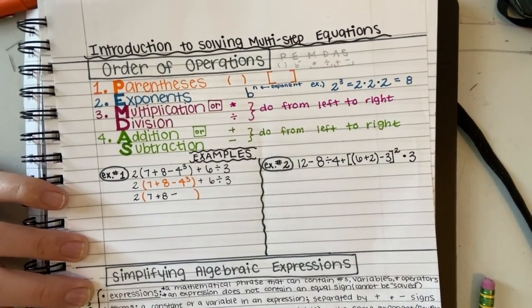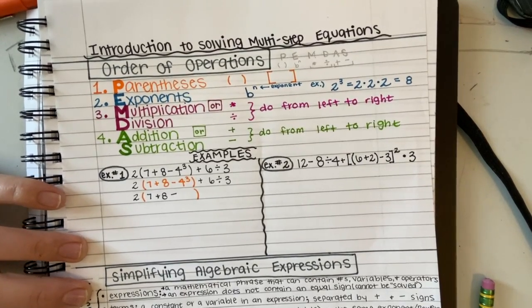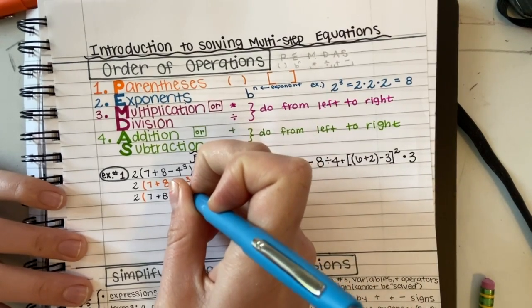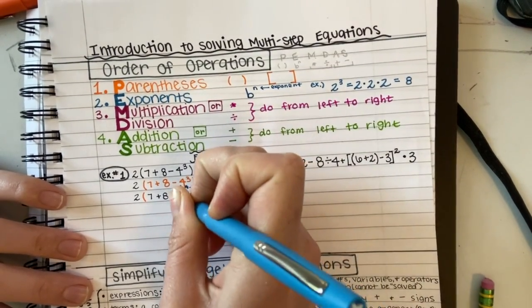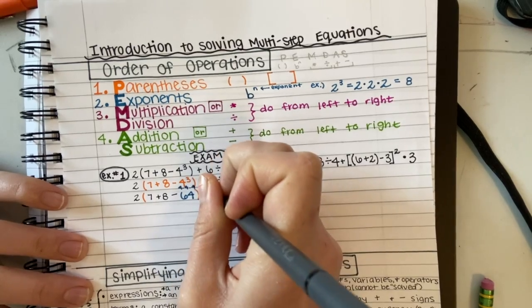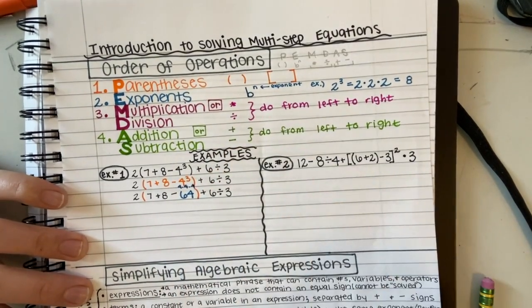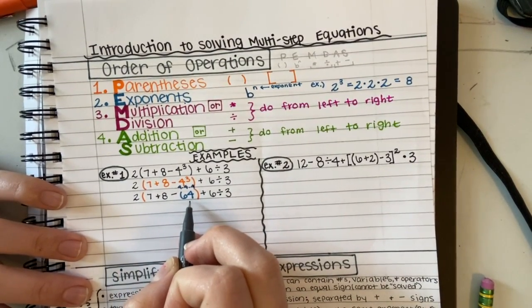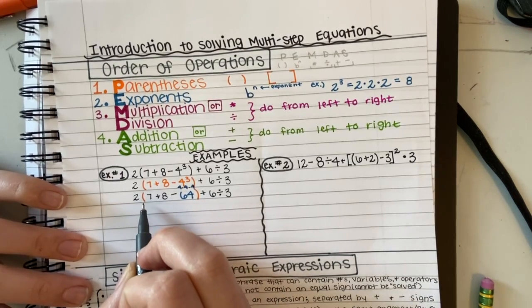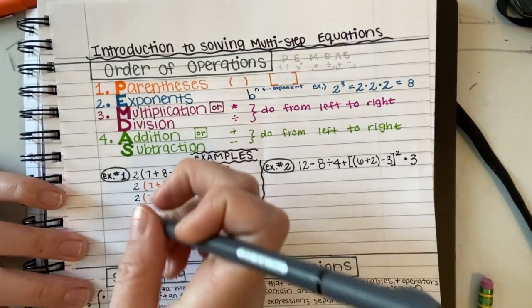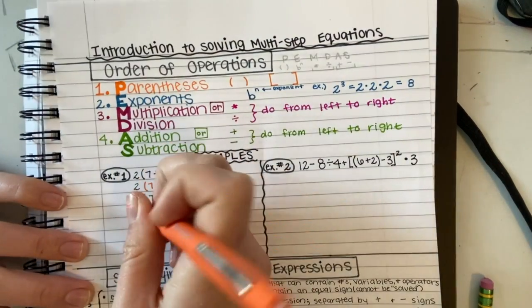I'm going to do 4 times 4 times 4, because that's how we figure out 4 cubed. 4 times 4 times 4 gives me 64. Now I don't have any more exponents left inside of those parentheses. Looking at my parentheses, I can see all that's left is addition and subtraction. So I'm just going to move from left to right and do that addition and subtraction. Again, I'm just bringing down what I was already working with.